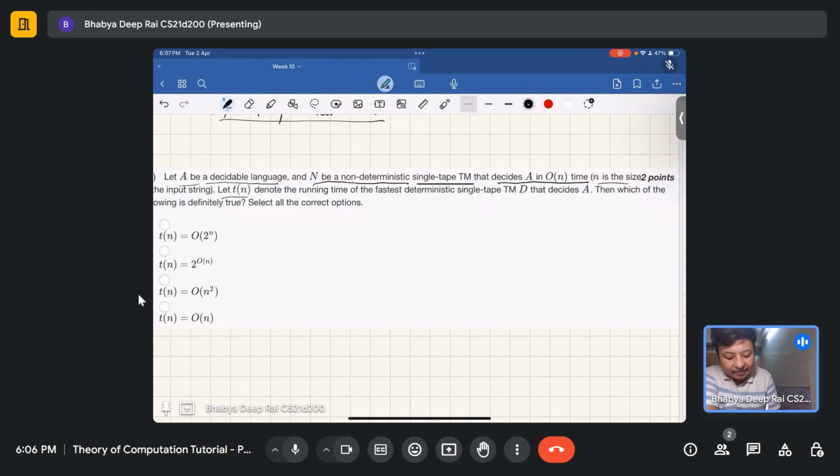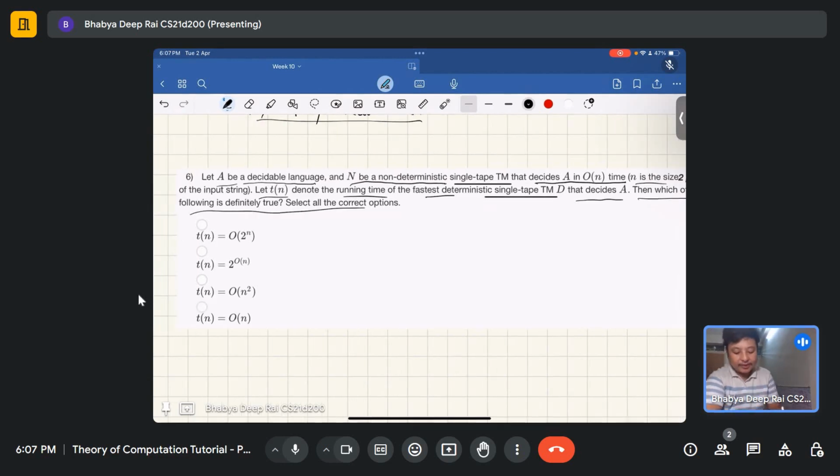Now let T(n) denote the running time of the fastest deterministic single tape Turing machine D that decides A. Then which of the following is definitely true? That is what it's saying.